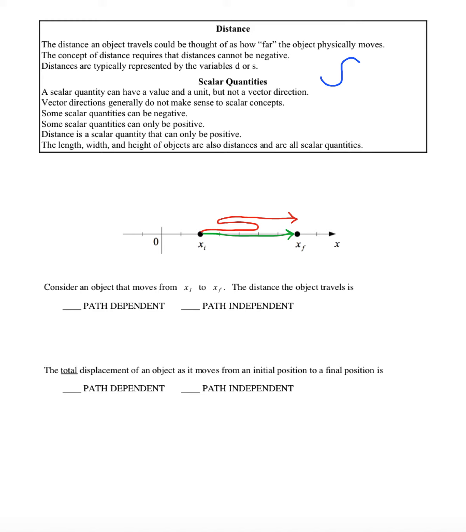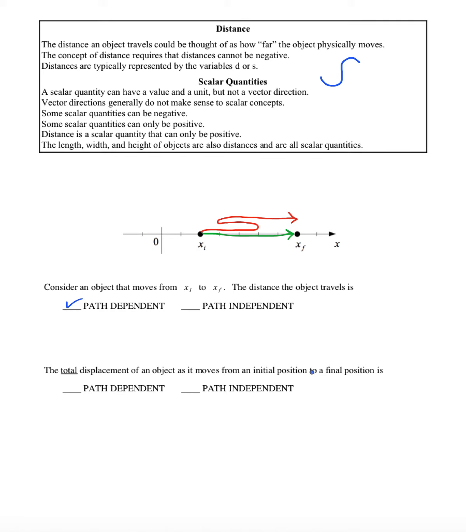If that were to happen, does the path you take affect the total distance traveled? And the answer is yes. The red path is longer than the green path. So it matters how you get from the initial to final position when it comes to calculating distance. For that reason, distance is path dependent.